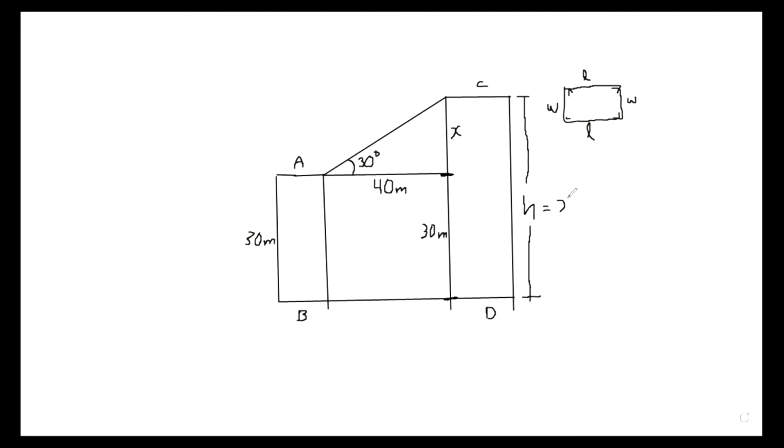But there is also something that we do know, which is this 30 meters. So if we solve this formula right here, x plus 30 meters, then we will have our answer. But we have one issue. We need to find the x.